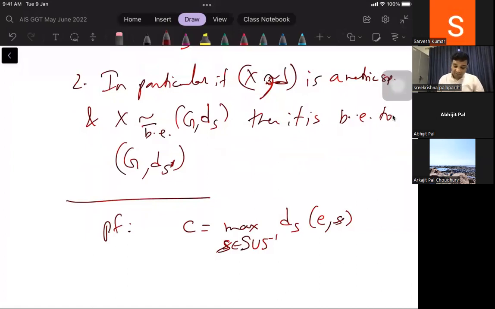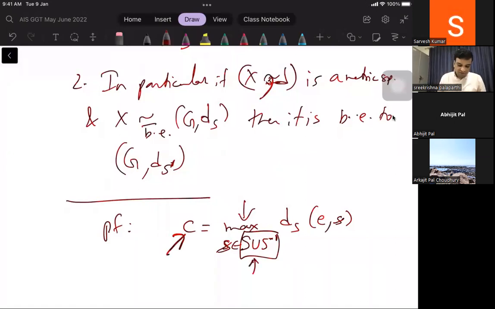You can talk of a maximum because S union S inverse is a finite set, and so that C will allow you to control distances, because everything is expressed in terms of the letters in S union S inverse.